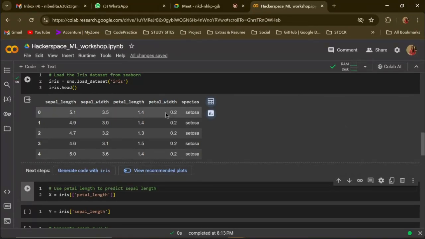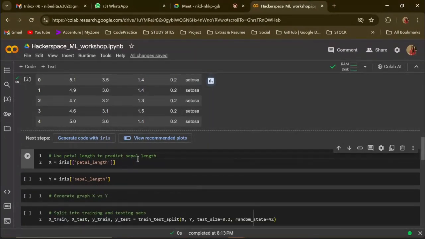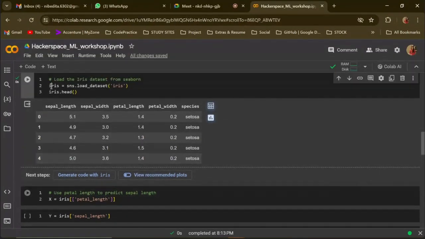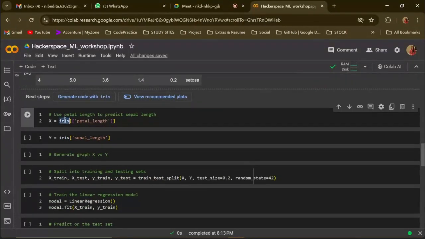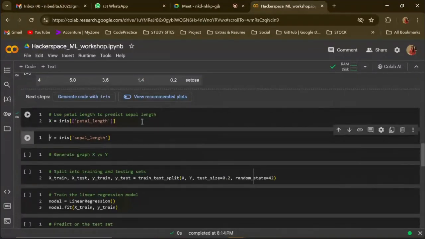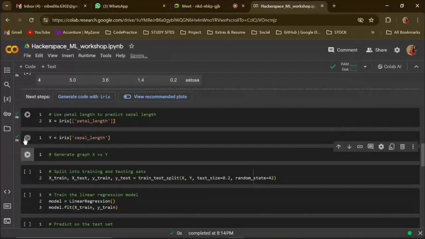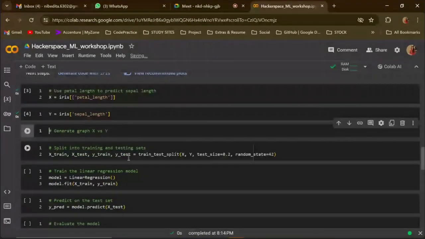The petal length is the independent data and sepal length is dependent data because petal length represents the x. We are storing the dataset in the iris variable, extracting the petal length into x, which is our independent variable, and the sepal length into y, which is the dependent variable.